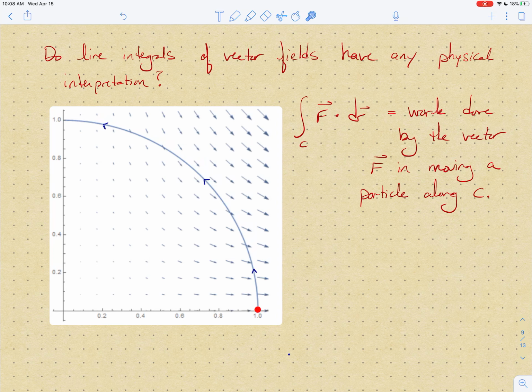But I thought we'd just look at this. So here's a space curve, and here's a vector field. I've graphed this in Mathematica. And so the idea is this line integral of F along C is telling you how much work the vector field is doing in moving your particle along C. And so right here, just ask yourself, is the vector field helping a particle move along C, or is it actually fighting against it? Is it helping it move, or is it hindering it?